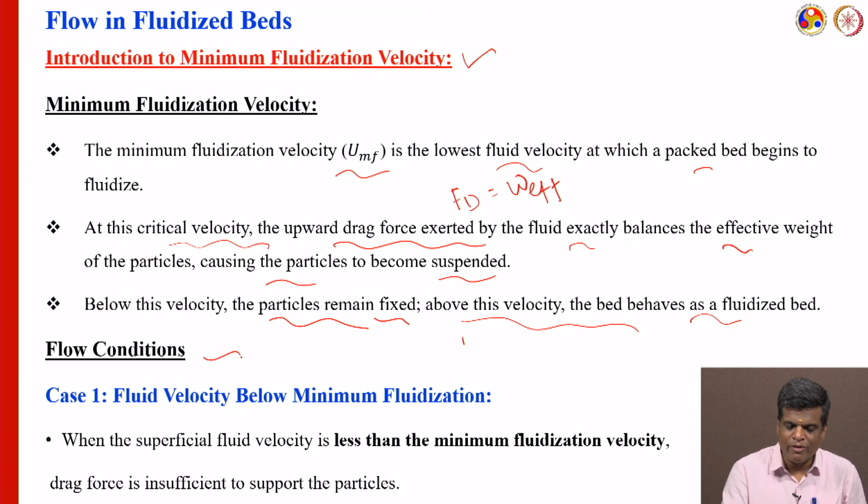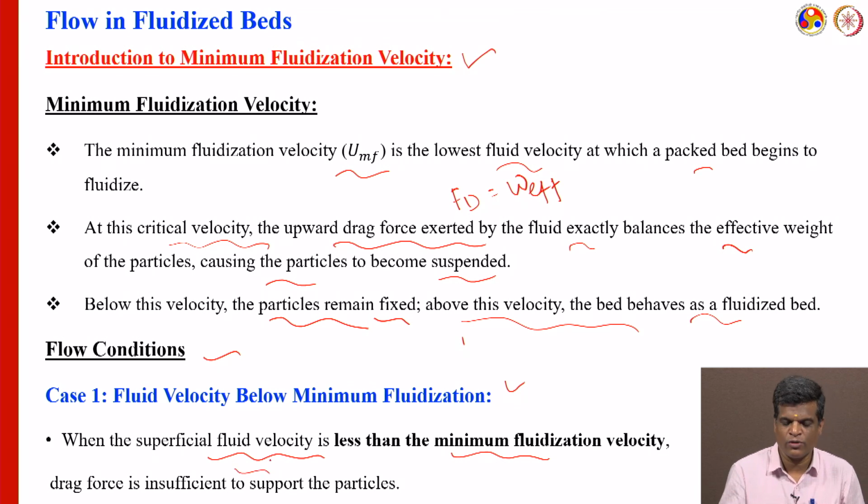If it is below minimum fluidization, what will happen? When the superficial fluid velocity is less than the minimum fluidization velocity, the drag force is insufficient to support the particles, because if it goes below, the drag force is very low.